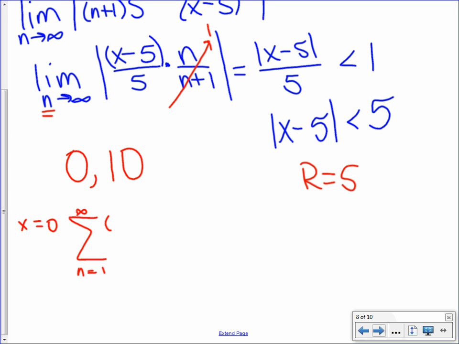So we have negative 1 to the n plus 1. When I plug in 0, we get negative 5 to the n over n times 5 to the n. Be very careful. Negative 5 to the n. How can we rewrite that?